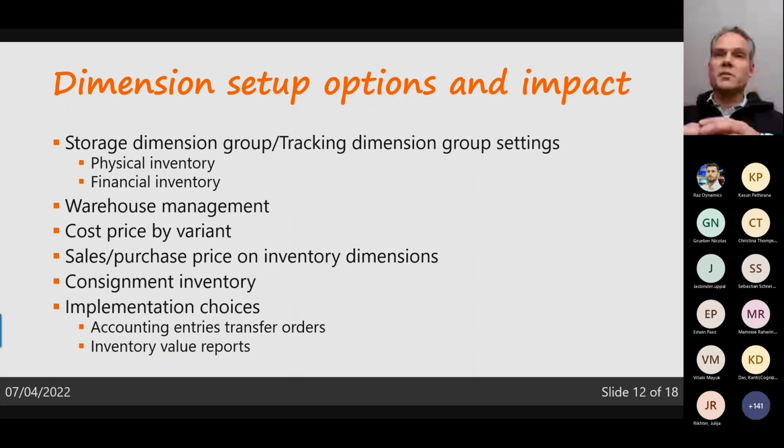For the product dimension groups, there's no individual setting for that. Apart from, do you want to have a cost price by variant, but that setting is not on the dimension group itself. That's a setting per released product in the application.